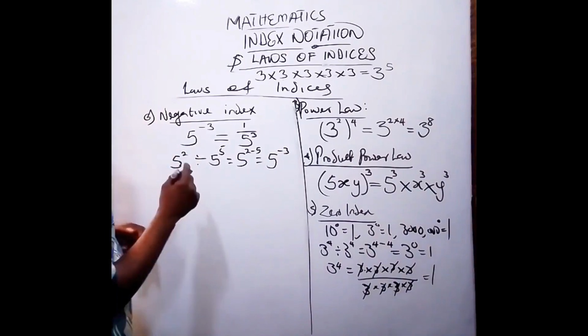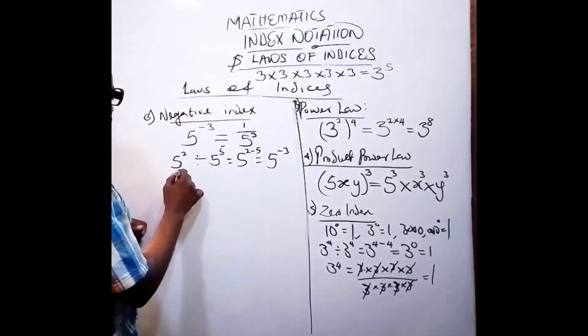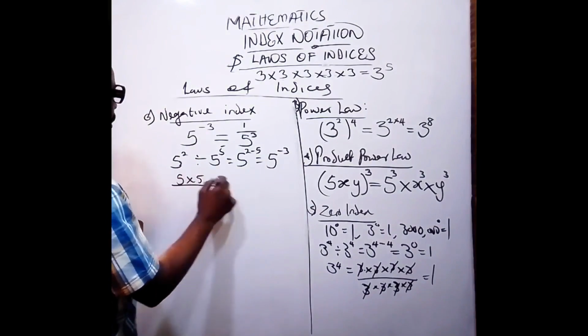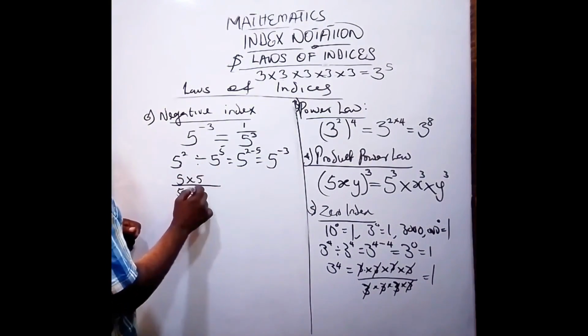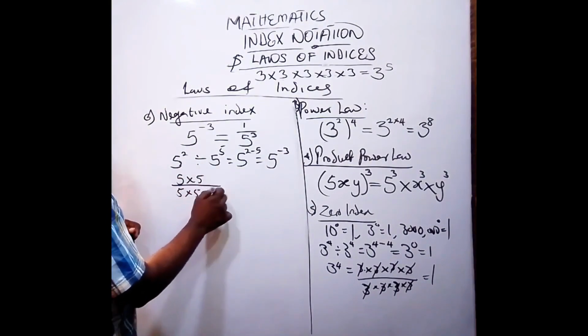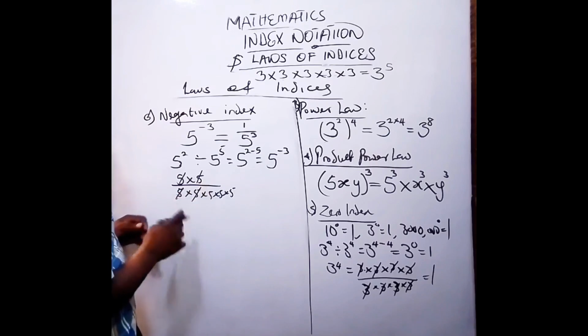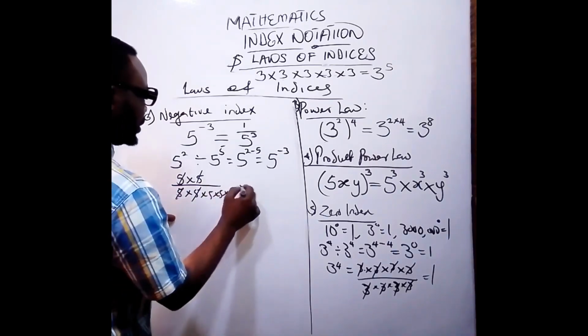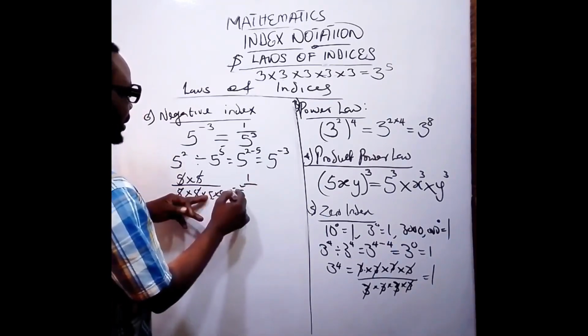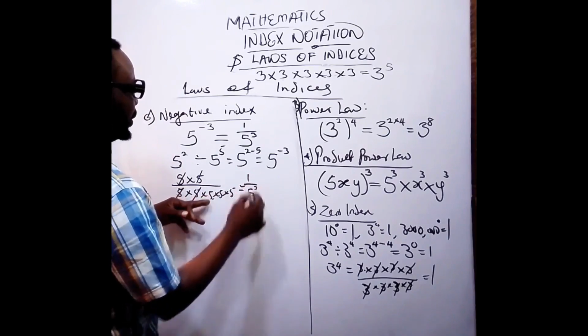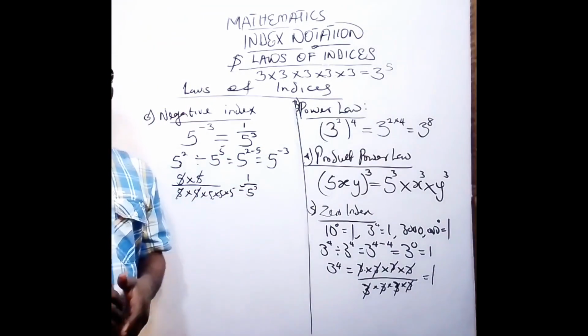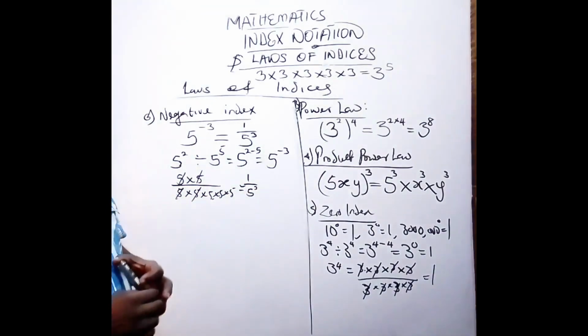We are going to have 5 times 5 all over 5 times 5 times 5 times 5 times 5. That is 1, 2, 3, 4, 5. If I cancel these, I've got two of them, so it remains 1 over, how many 5s do we have here? 5 raised to the power of 3. You can see that that is provable. You have been able to prove that now.